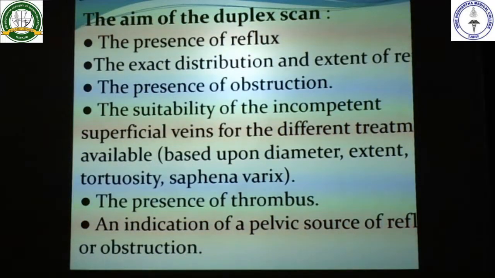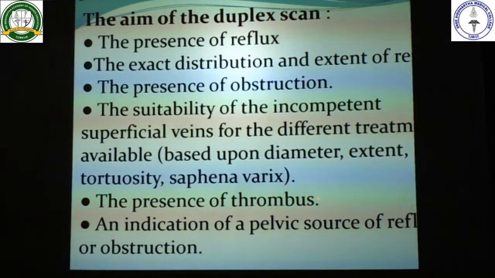Even the presence of obstruction, as in deep venous thrombosis or superficial thrombosis, is easily identified. The suitability of the incompetent superficial veins for the different treatments available can be assessed based on diameter, extent, tortuosity, and circumference.